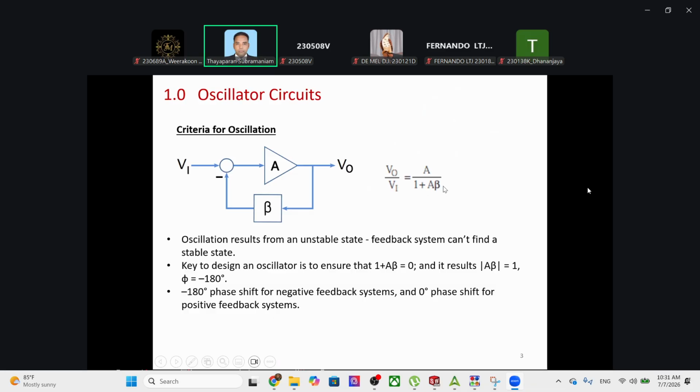Therefore A over 1 minus A beta. So the loop gain is going to be A over 1 minus A beta. Now what happens? A beta less than 1, equal to 1 and greater than 1. The greater than 1 is the unstable condition.